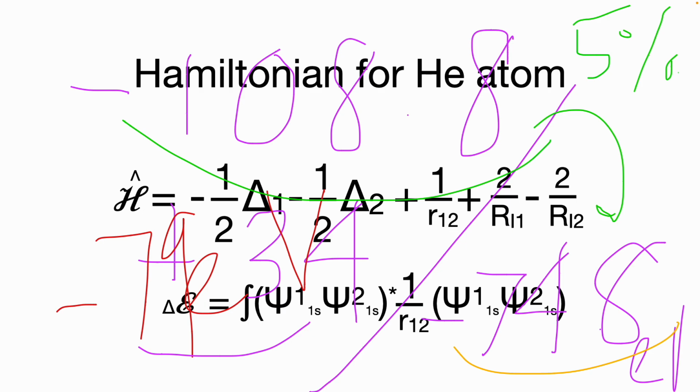Hence, here what we have done is to derive the first order correction to the energy using perturbation theory and improve our estimate for the ground state energy of the helium atom by applying it.